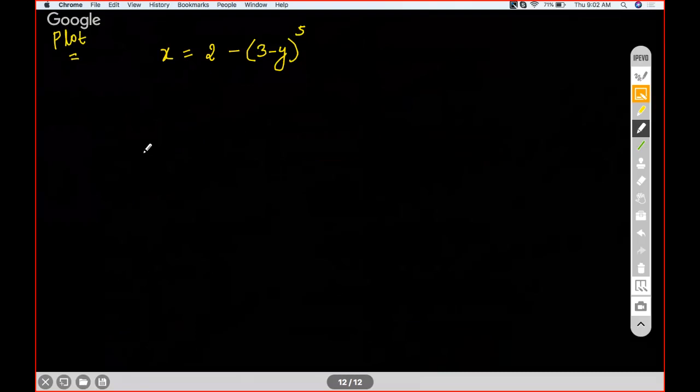So x to the power 5 cuts the x-axis at the origin, right? X to the power 5 would be like this. It'll be more flat than the x cube one. So x cube is more like this.